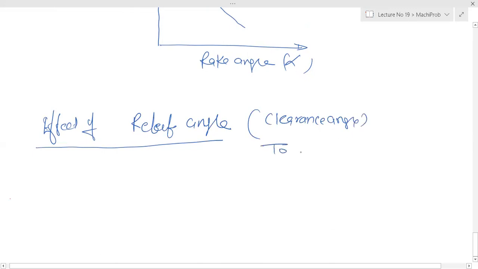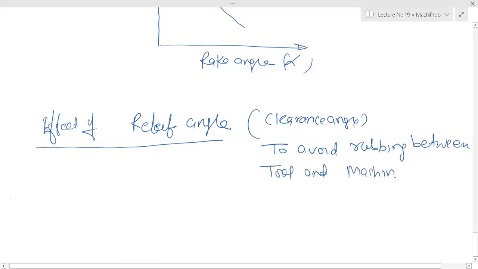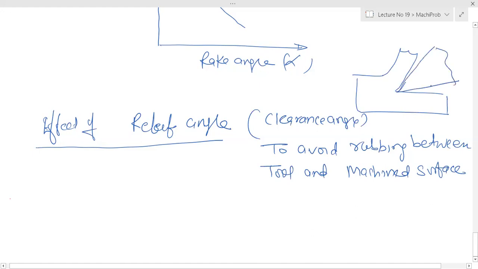You know, it is to avoid rubbing between the tool and the machine surface, right? This is your clearance angle.